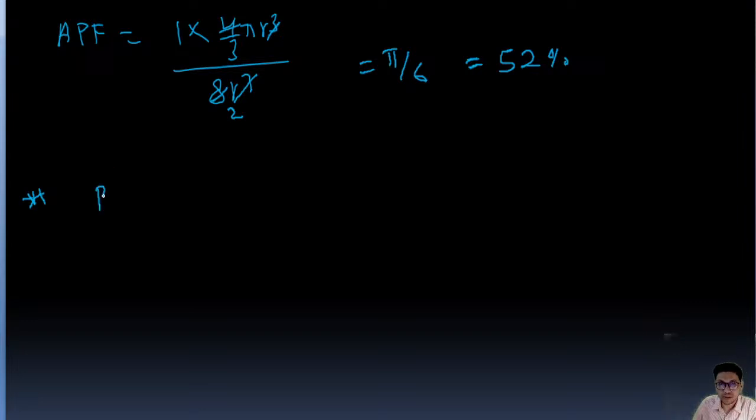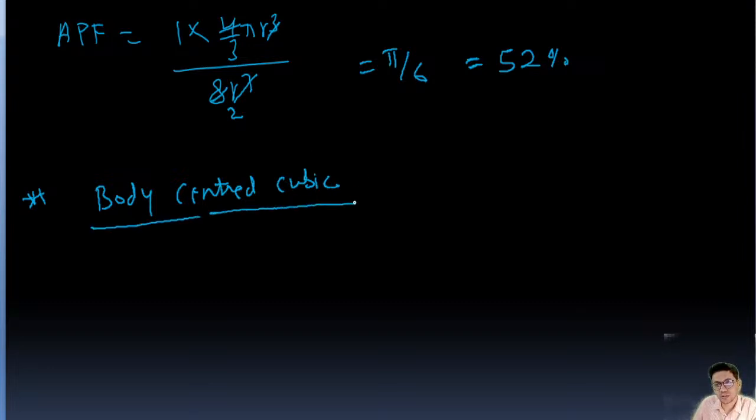Next is the BCC crystal structure, body centered cubic structure. For body centered, we'll first find the effective number of atoms. I'll make a figure.